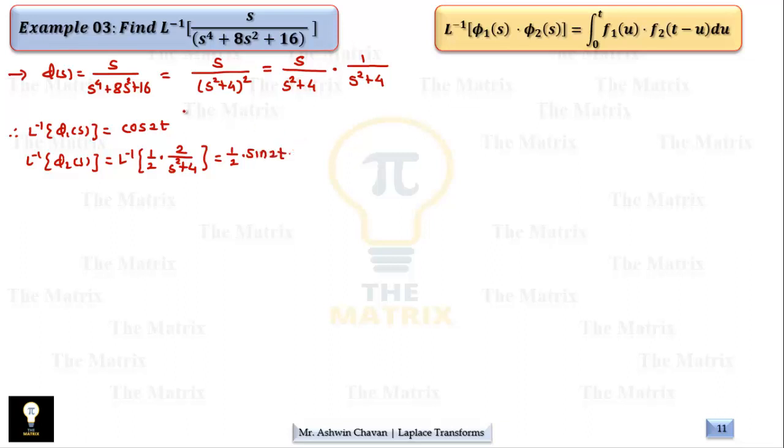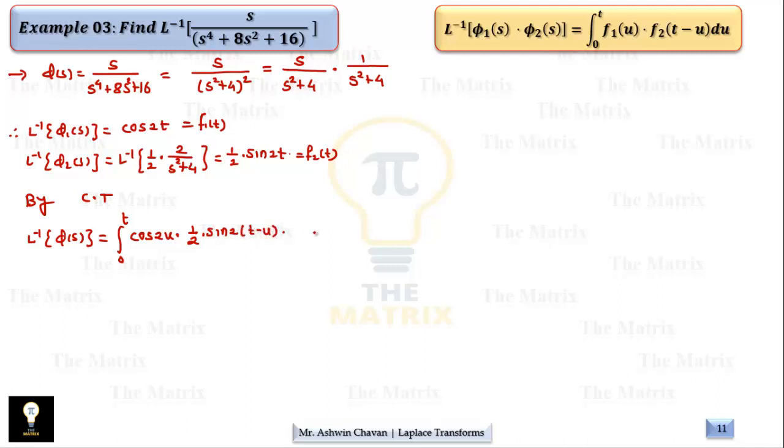We call these f1 of t and f2 of t. Now since both are sine and cos, there is no need to change the f1 and f2 notations. So by the convolution theorem, L inverse of the given phi of s is the integral from 0 to t of f1 of u, that is cos of 2u, into f2 of t minus u, which gives us half of sine of 2 times t minus u, du.